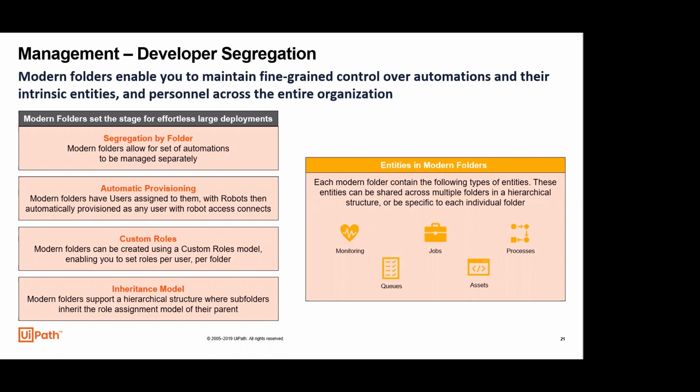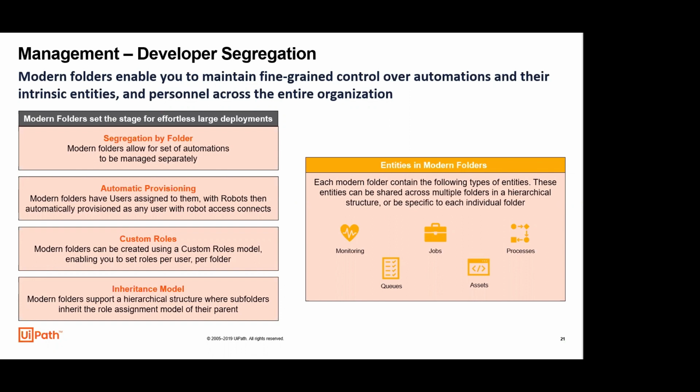And with modern folders, you can get really granular and maintain fine-grained control over your automations and their entities and personnel across the entire organization. Modern folders allow for a set of automations to be managed separately, with developer segregation and automatic provisioning. You can set custom roles, set roles per user, per folder, and subfolders inherit the role assignment of the parent.